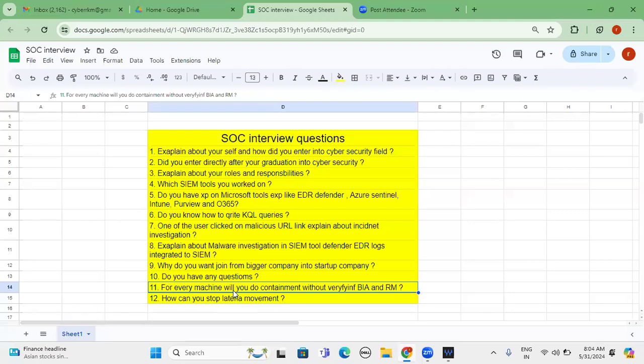Indirectly they asked: whenever a server is compromised, we should not directly do network containment, unless the server has a backup, because we have to analyze the business impact and also do a risk assessment.